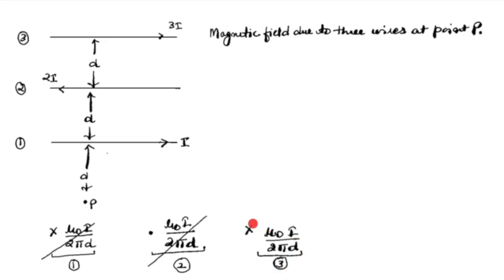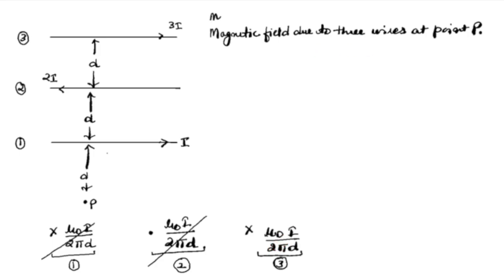Also, is the cross important? It was important because only by understanding that could we cancel them. But in the question, they have asked only about the magnetic field magnitude. So remember that.